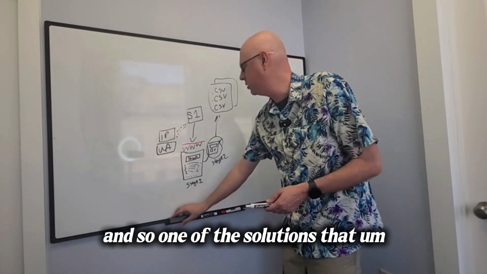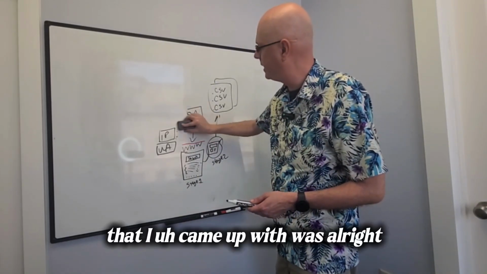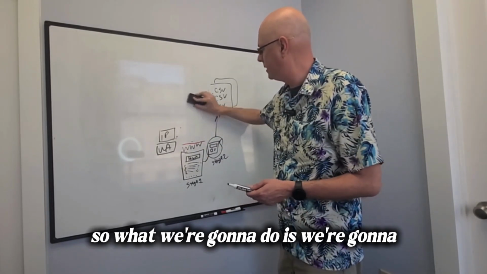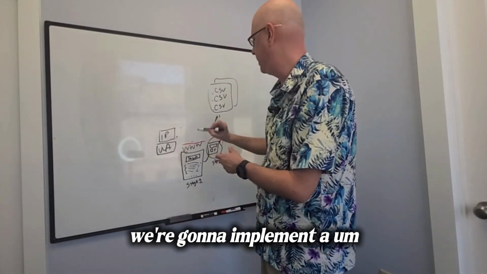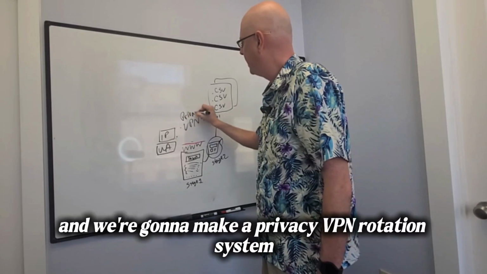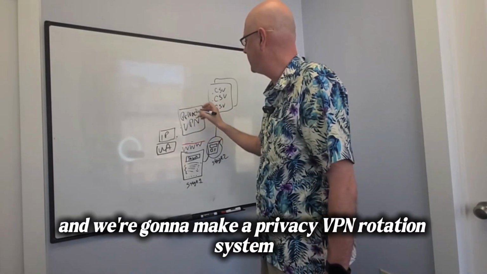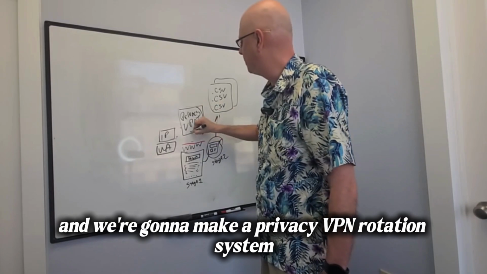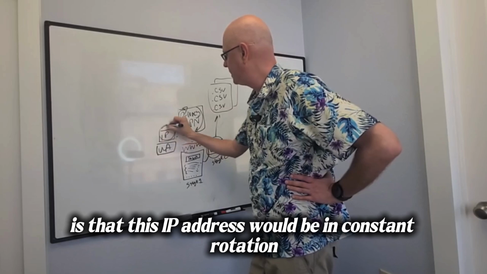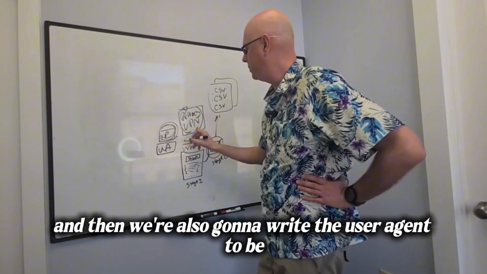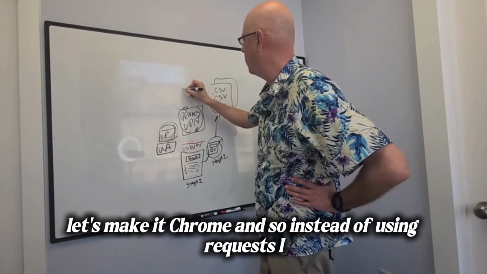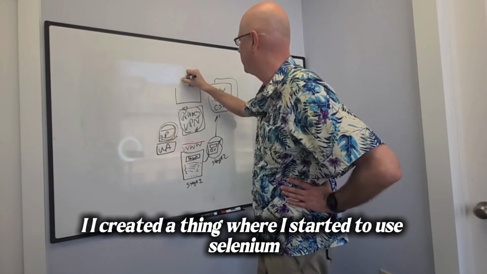One of the solutions that I came up with was to implement a privacy VPN rotation system, so that this IP address would be in constant rotation. And then we're also going to write the user agent to be Chrome. So instead of using requests, I started to use Selenium.